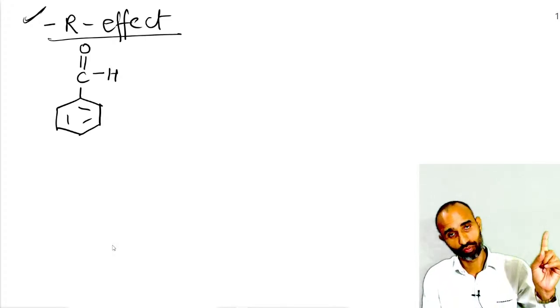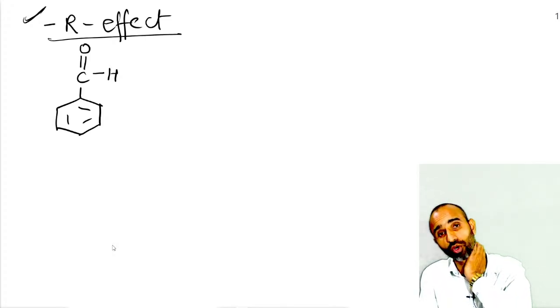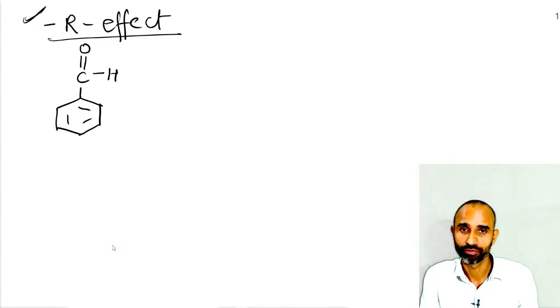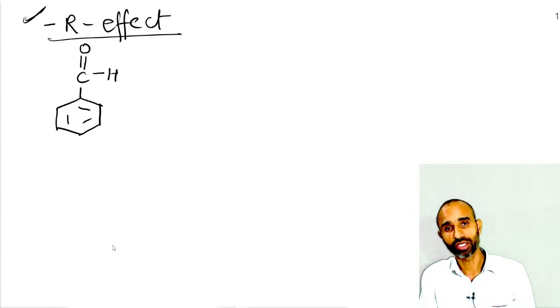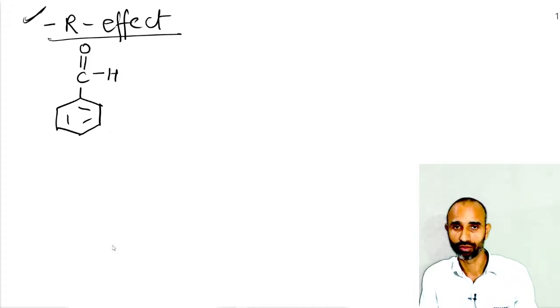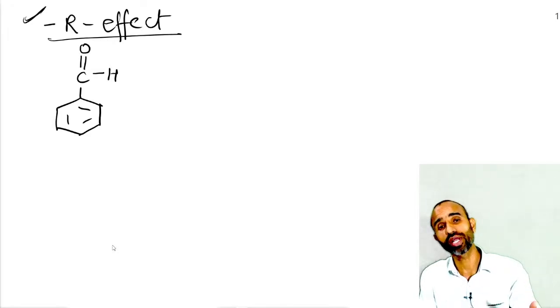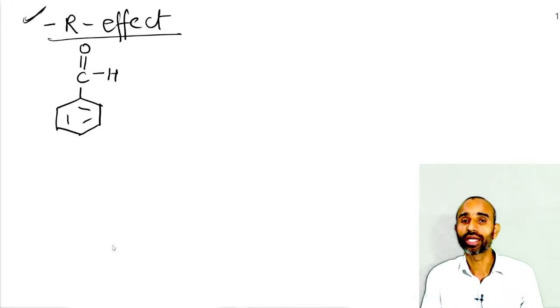So in the first case, when we talk about plus R effect, the atom directly attached to the ring should have a lone pair. And when we talk about minus R effect, the atom directly attached to the ring should have a pi bond. And if that pi bond is attached to a more electronegative atom, that will increase the minus R effect.